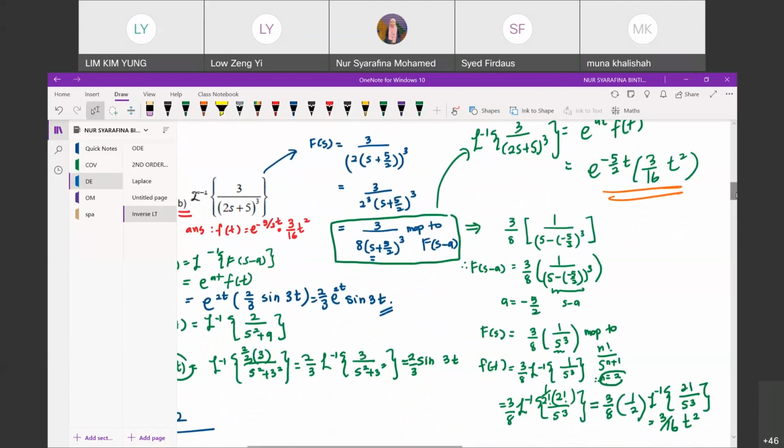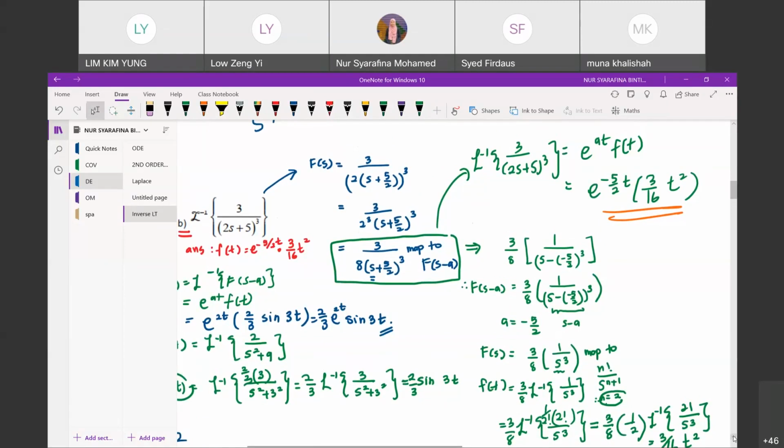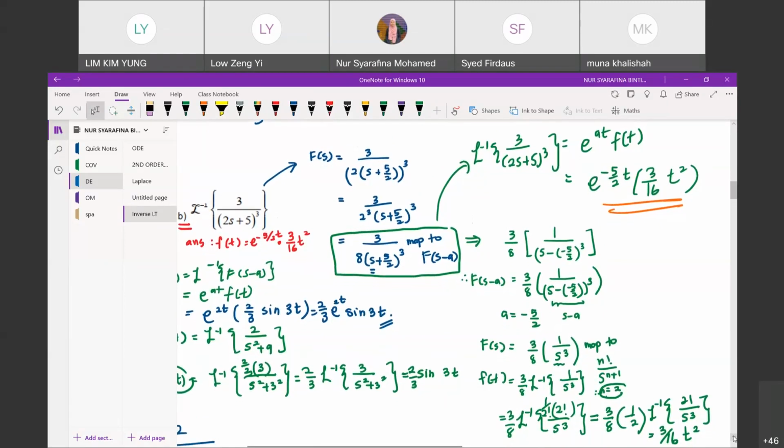Try to understand first. We start with this. And then we simplify. And then you know that this is in terms of F(s minus a). So we know your a.